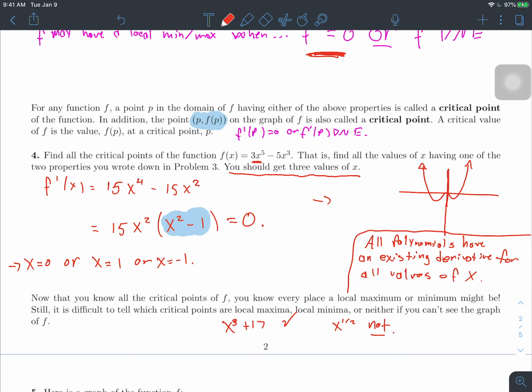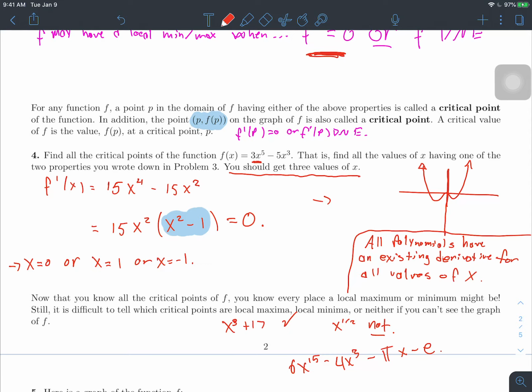Okay? 6x to the 15 minus 4x cubed minus pi x minus e. Polynomial or not polynomial? So hands up for polynomial.